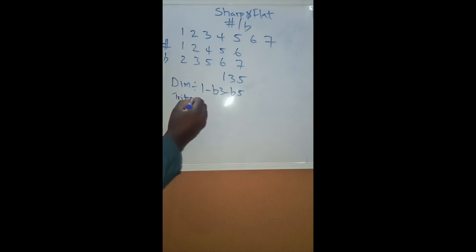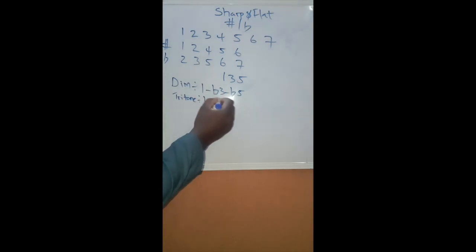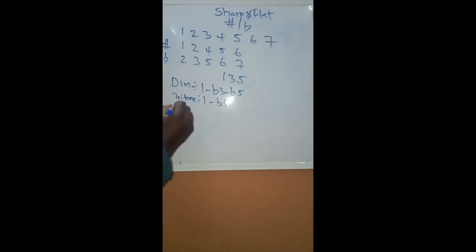So the next chord we'll be looking at is called tritone. If I pick the 1, I'll have the flat 5. So we are omitting the 3, I have the flat 5, or the sharpened 4. That is your tritone. And the last chord for today is augmented 5th.